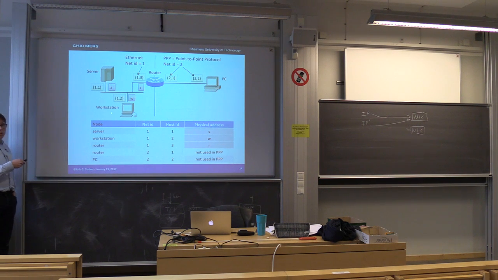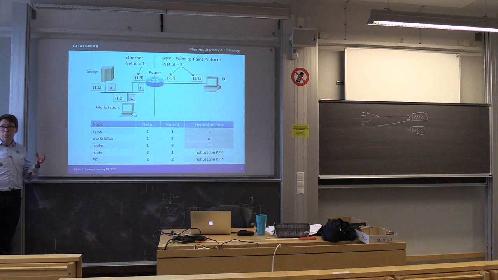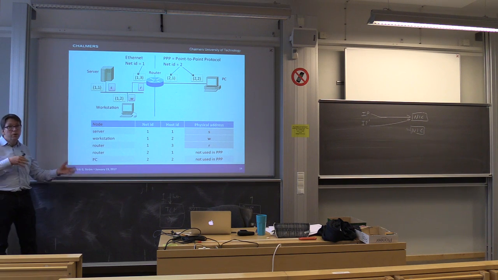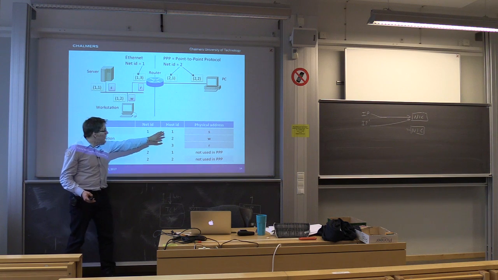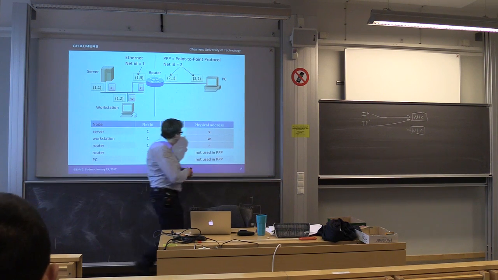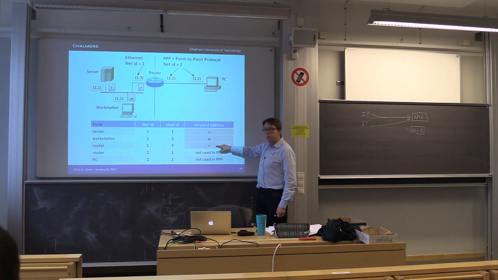All of these nodes also have physical addresses, and it happens to be Ethernet, so they have Ethernet addresses. The server has S, the router R, the workstation W. There is a one-to-one correspondence in this simple case between the physical address and the IP address. So the server has IP address in green here, 1.1, and the physical address S. The workstation 1.2, W, the router 1.3, R. So this is for network number 1.